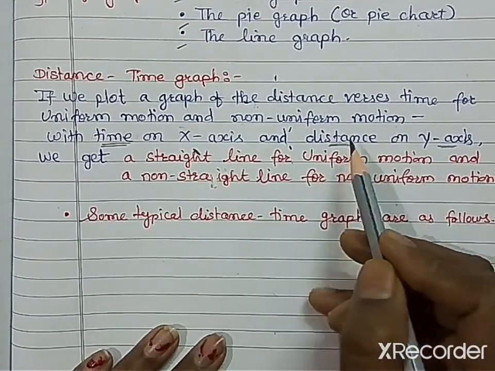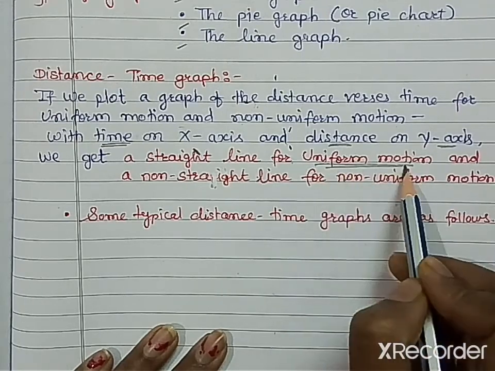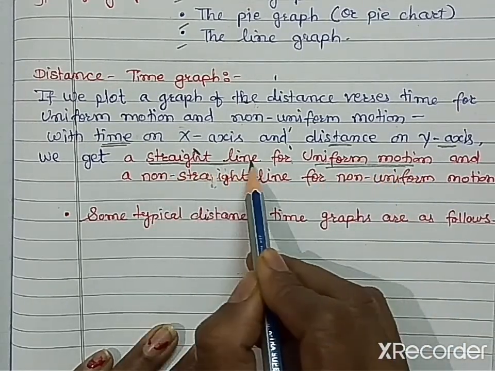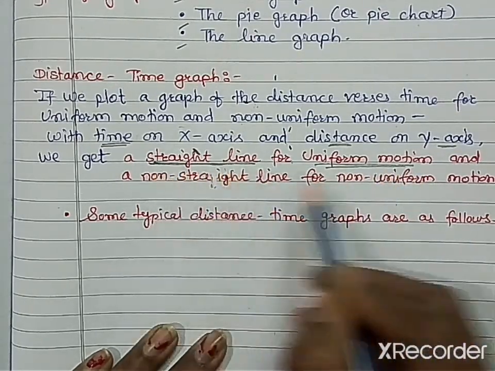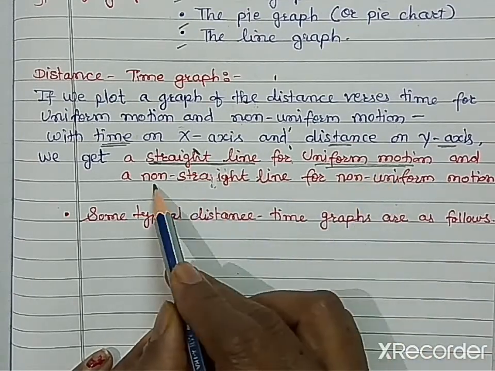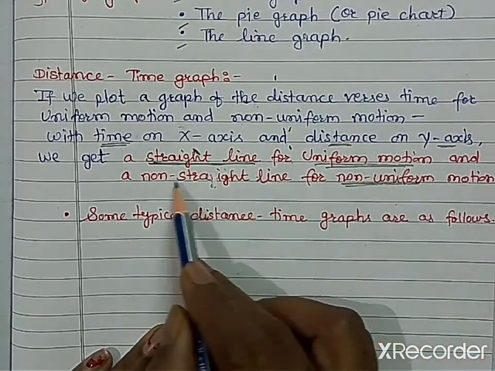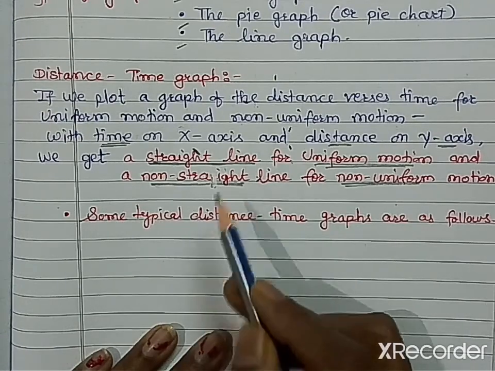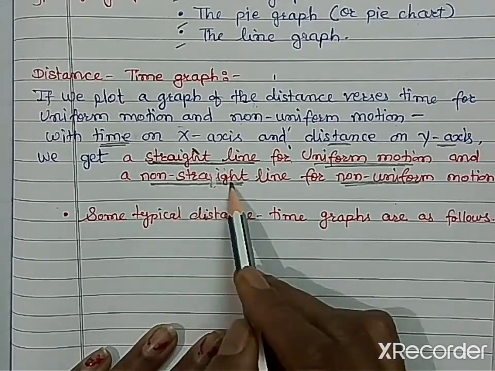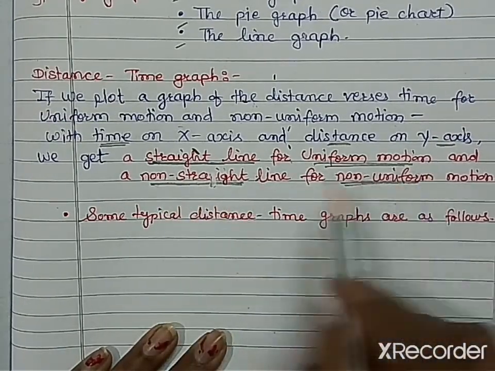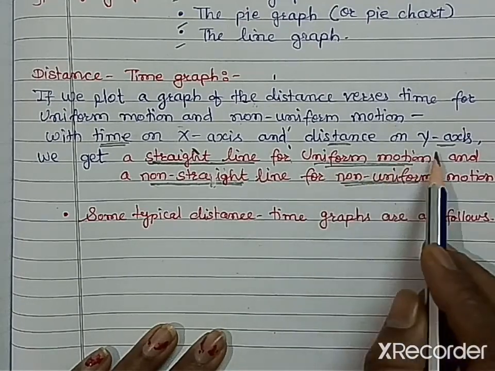When there is uniform motion, we get a straight line. If the motion is non-uniform, then we get a non-straight line. So a non-straight line shows non-uniform motion and a straight line shows uniform motion.